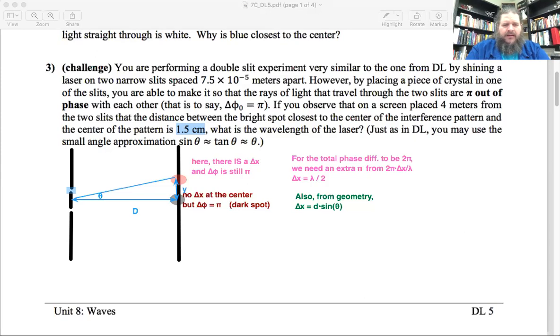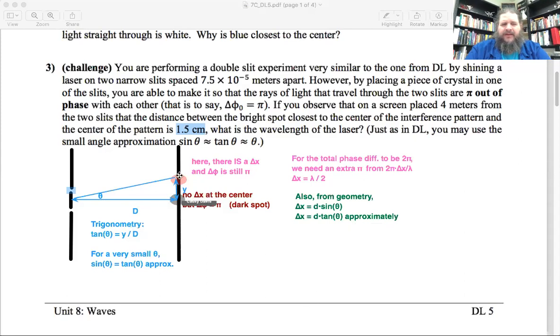Sine theta is approximately equal to tangent of theta. And we can use that here. In fact, it specifically says you can use the small angle approximation. We can replace d sine theta with d tangent theta.